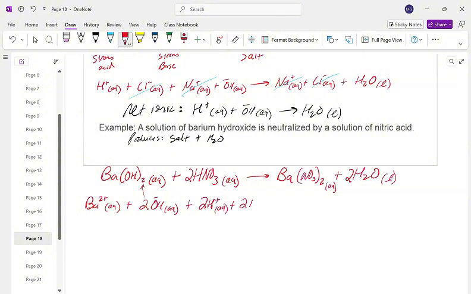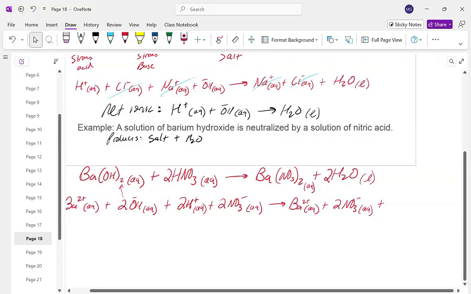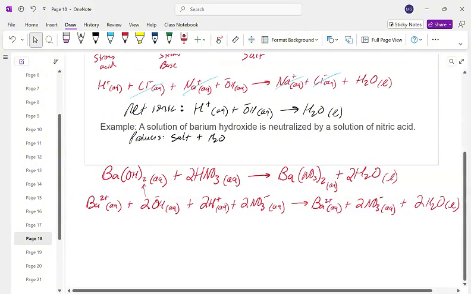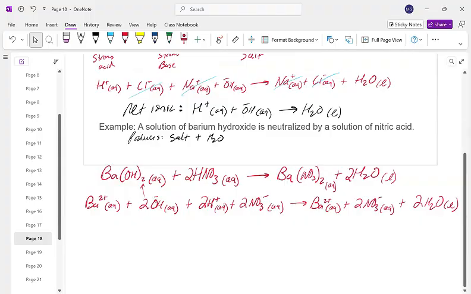I use the coefficient for both ions of nitric acid. And then come over to barium nitrate. So barium plus 2. Again, two nitrates, since the formula says I have two of them. And then water. I'm not breaking up water into any ions.